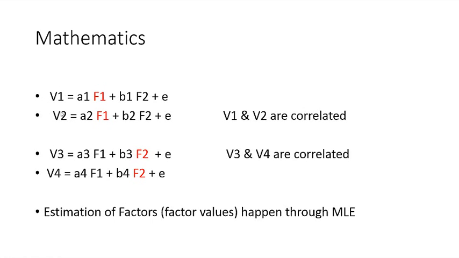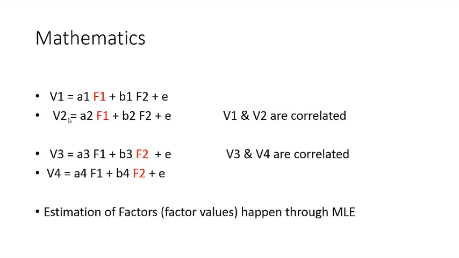Similarly, for v2, the coefficient b2 is insignificant and a2 is significant. So we say that variable v2 is being explained by factor 1. And that's how we know that v1 and v2 are similar and they can be put together, and we can just have one factor, factor 1.